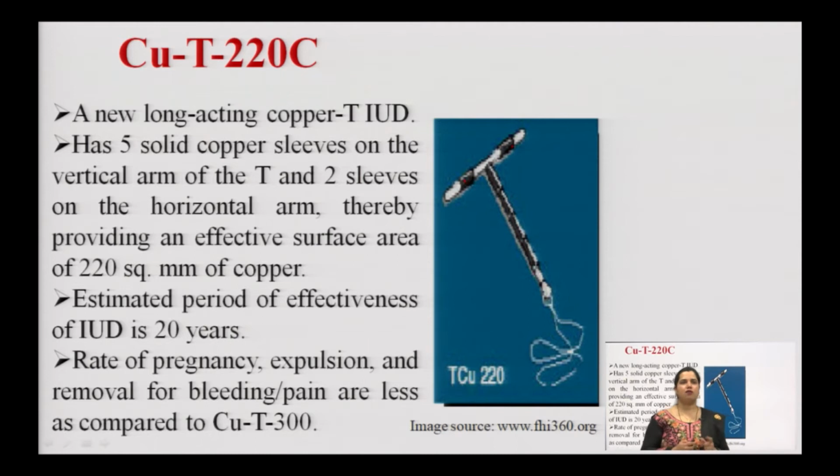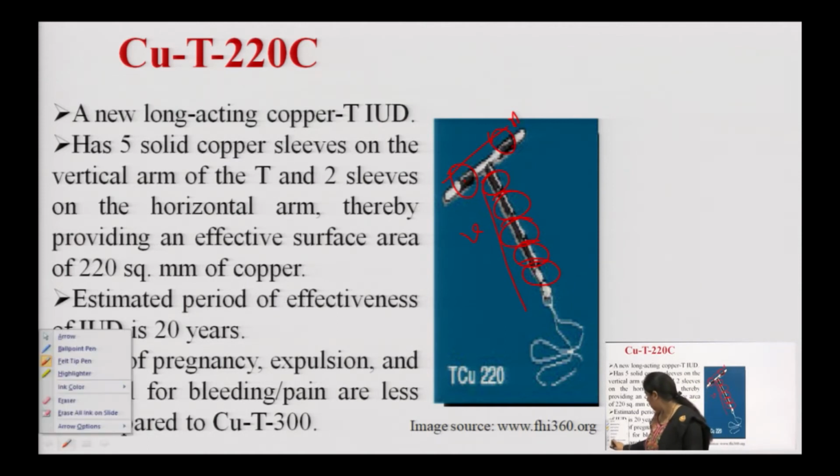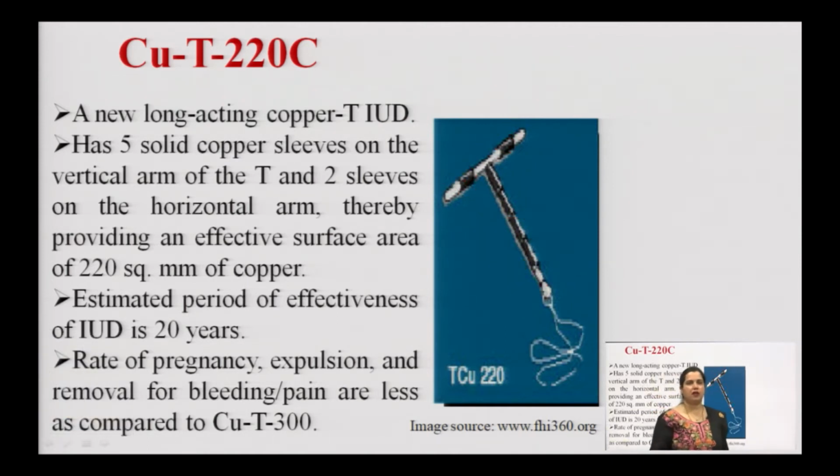It has 5 solid copper sleeves on the vertical arm of the T and 2 sleeves on the horizontal arm. This is the vertical arm and this is horizontal, as you see clearly in the picture.